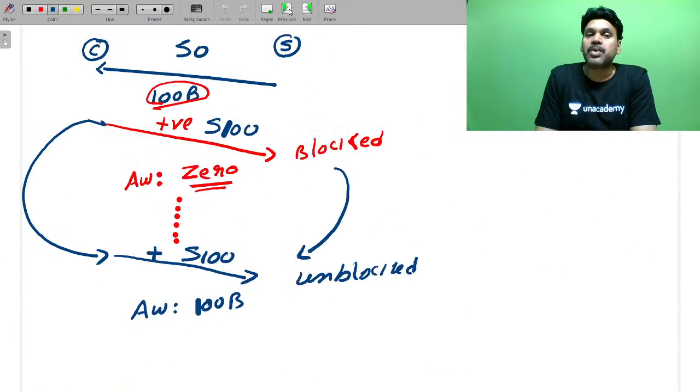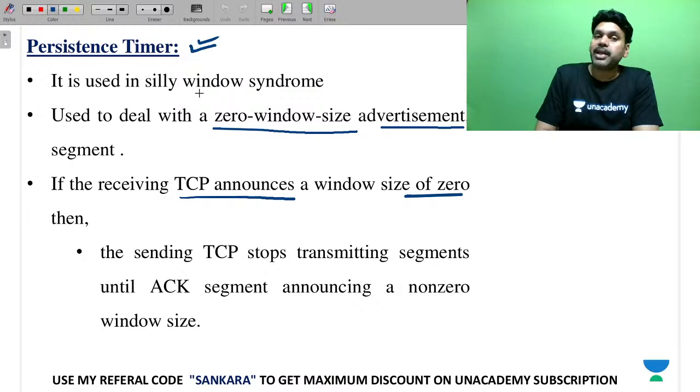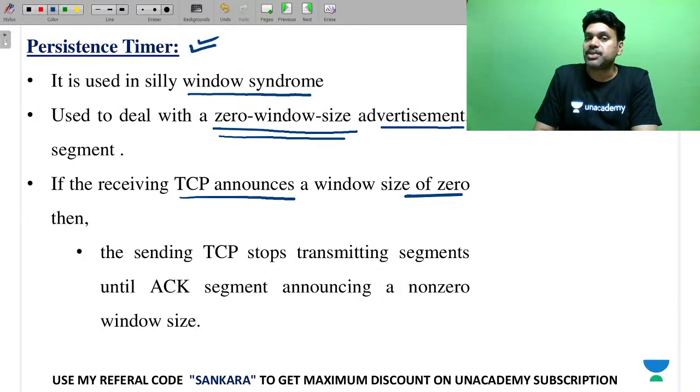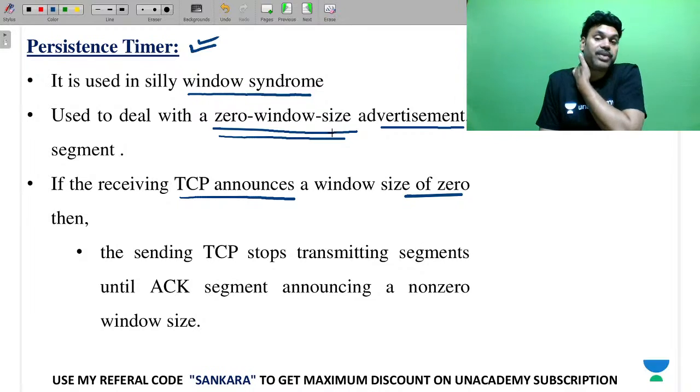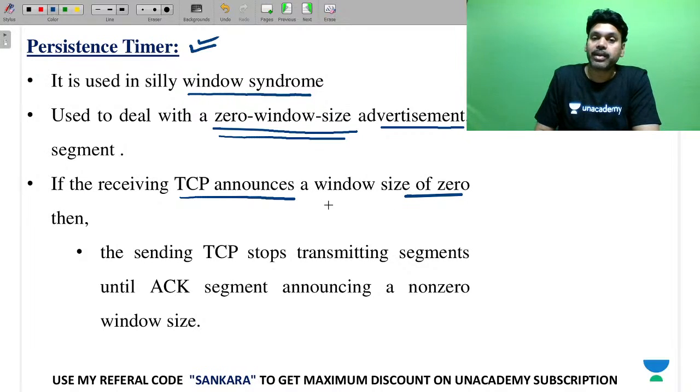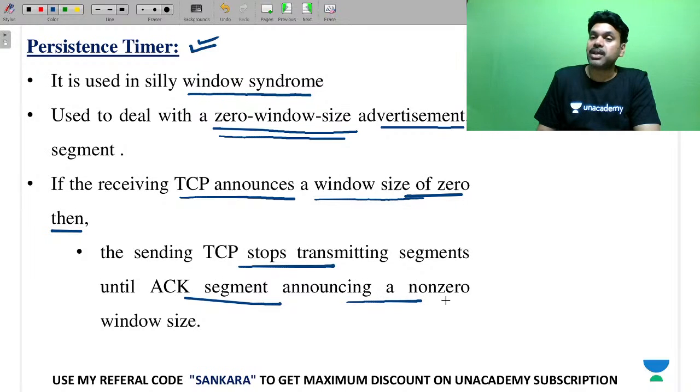So let us see a few points about them. It is used in the silly window syndrome, used with the zero window advertisement segment. So if TCP announces a window size of 0, then the sender is going to block until an acknowledgement segment announcing a non-zero window size.